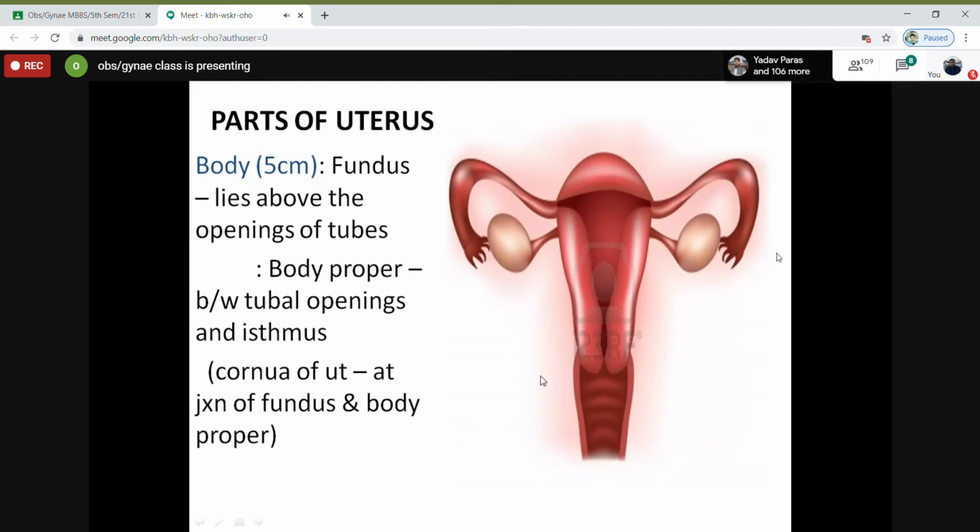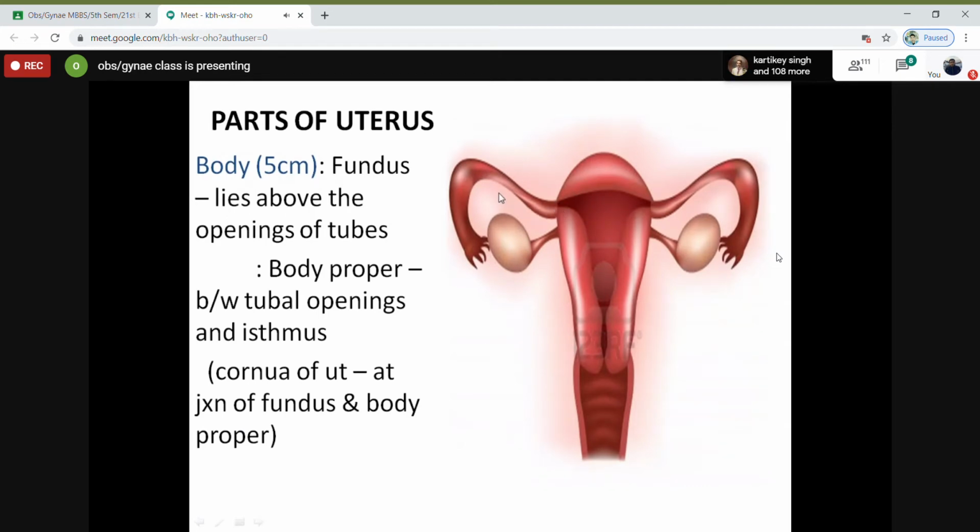Now even the body is divided into body proper and the fundus. The fundus is this dome-shaped part, and it lies above the openings of the uterine tubes. These are the fallopian tubes.